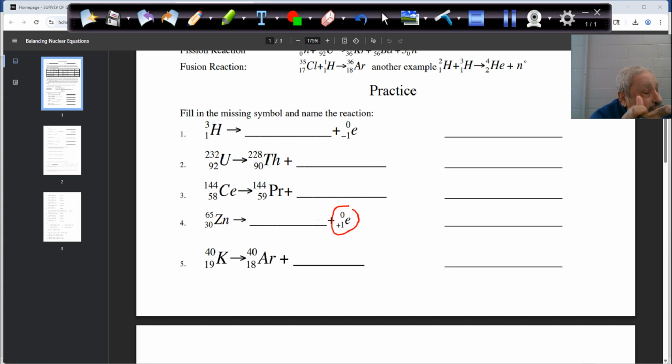What's the opposite of beta? Positron. Both of them have atomic mass 0. However, beta is -1, and the positron here is +1. Positron, from the word positive. The beta has negative. Positron is like beta radiation, however, it's positive.